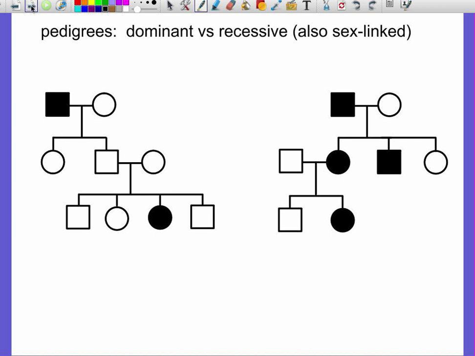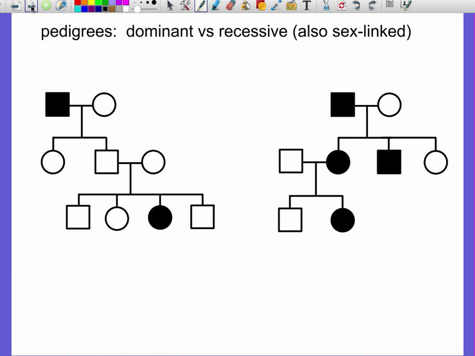I might say that they have this trait if it was just tracking blue eyes. But Grandpa in this pedigree on the left is affected by the trait, and his granddaughter at the bottom also has this trait. We know that it's recessive because it skipped a generation.